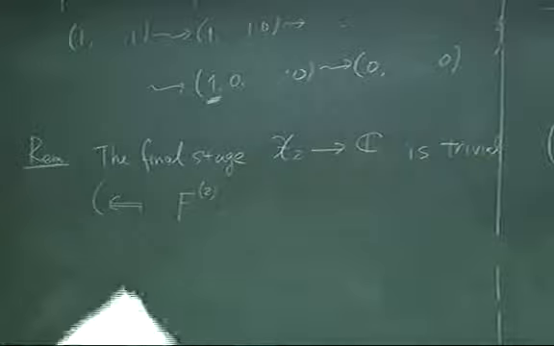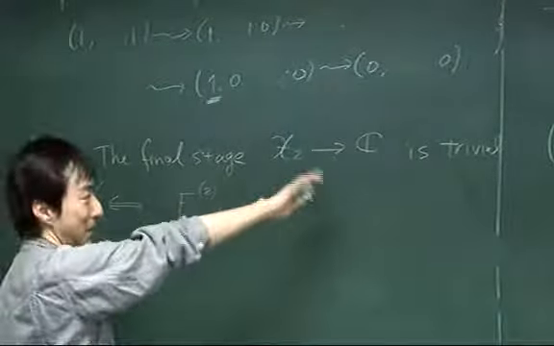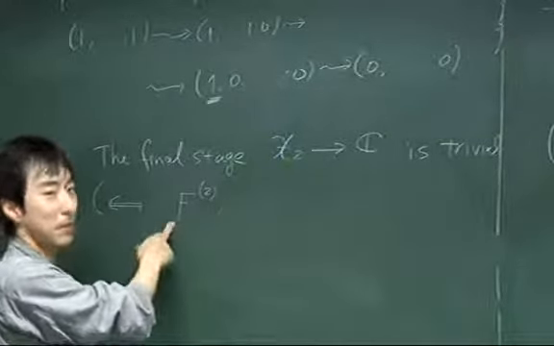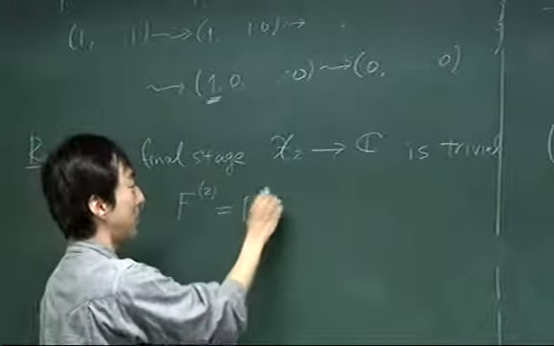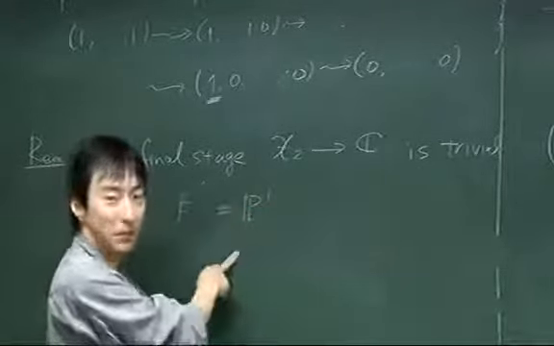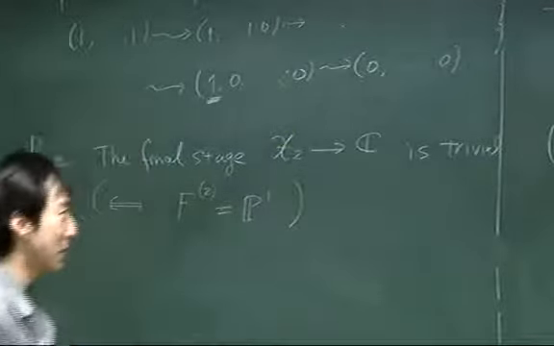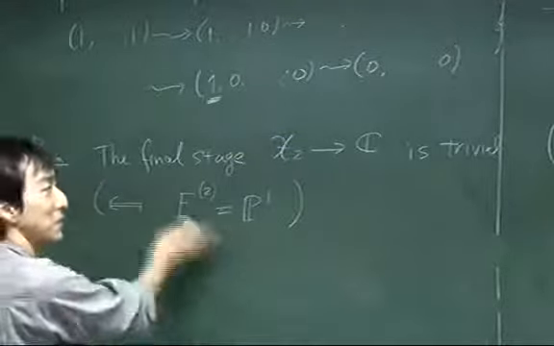I will explain this part later, but this part corresponds to the deformation of the flag manifold for n equal to 2, and this is just a P1. This is already a toric variety, and this does not deform. We will come back to this point later.